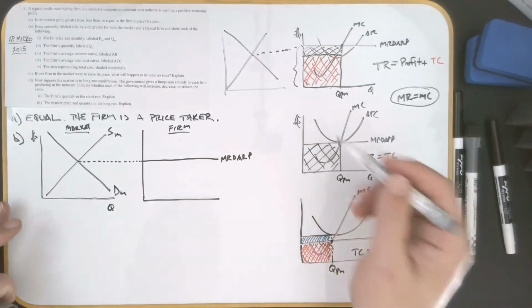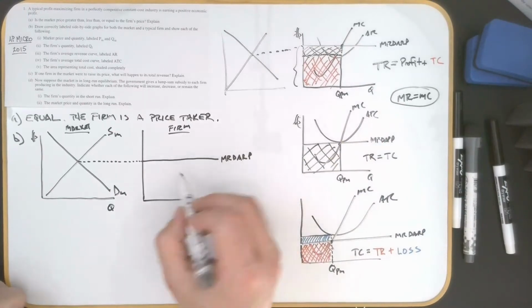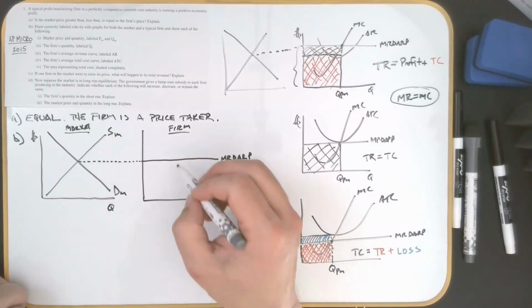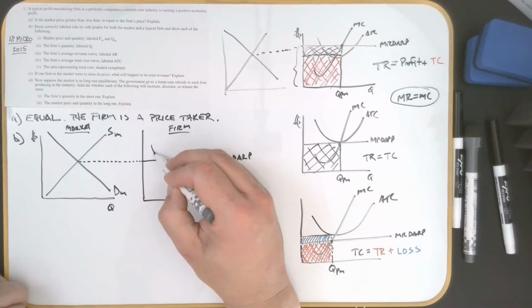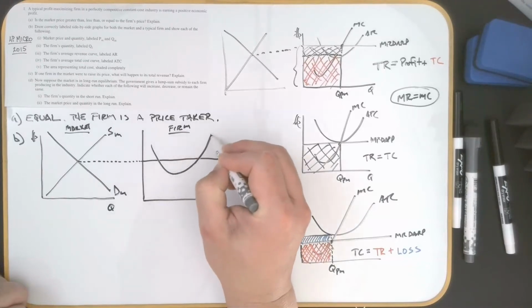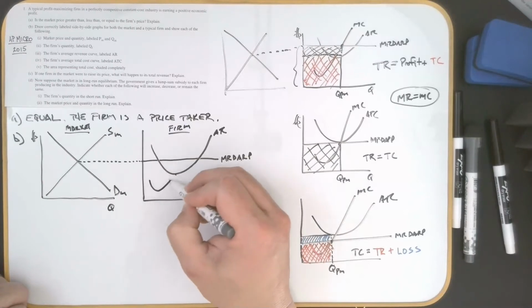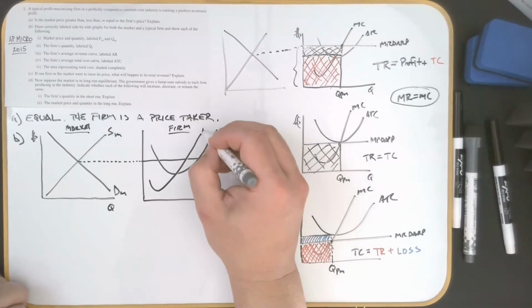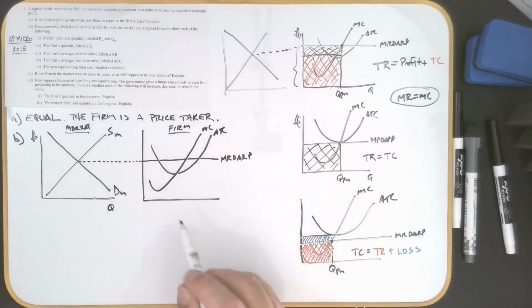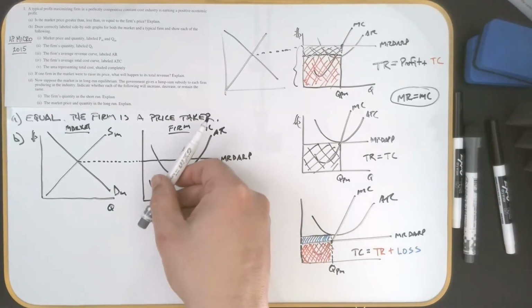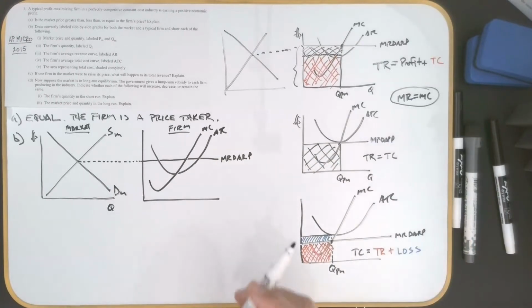So if we're making money, I'm going to make Mr. DARP, he's in here, so I'm going to make the ATC lower, and then bring in my marginal cost curve. So there is my ATC, and my marginal cost curve intersects at the minimum. And little things from earlier in the year, if you remember, it's better if you give your marginal cost curve a little angle, like this one is. If you make it more vertical, your graph gets a little hard to read.